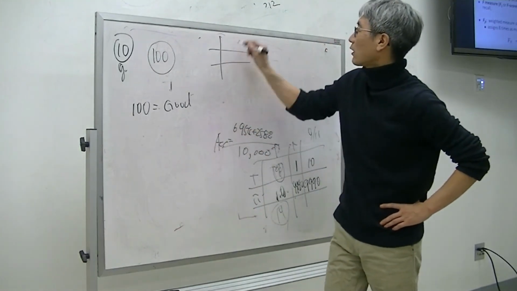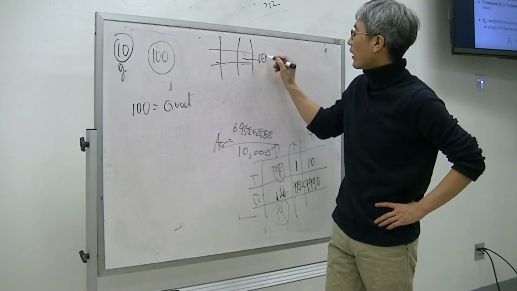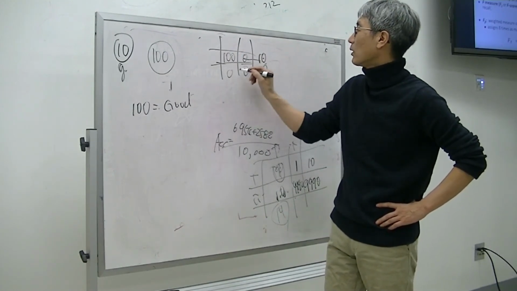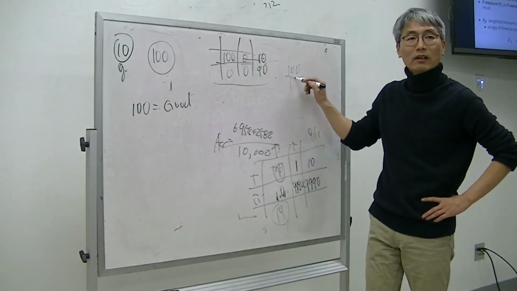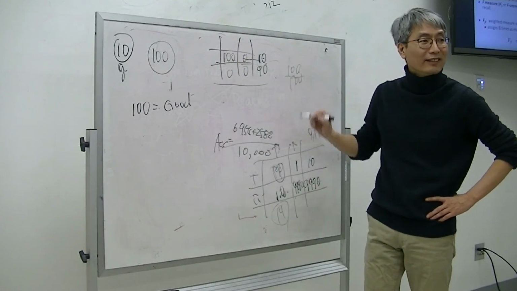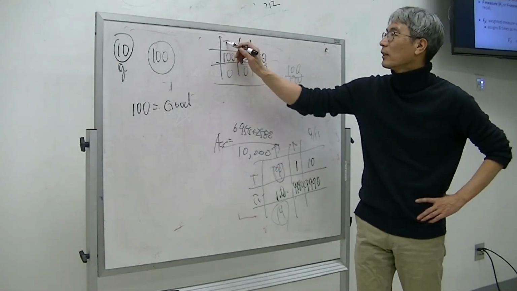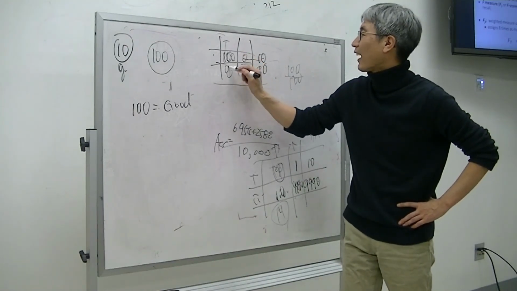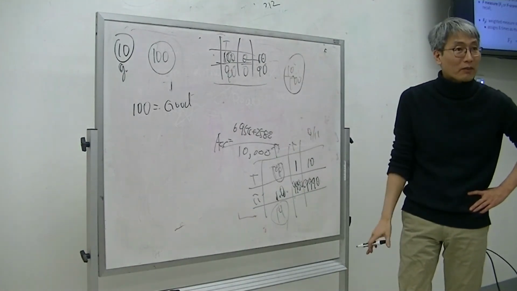If you build a confusion matrix, you have 10 and 90, so 100 as positive and 0, 0. So it's 10 and 90, like this. So it's 10% accuracy.